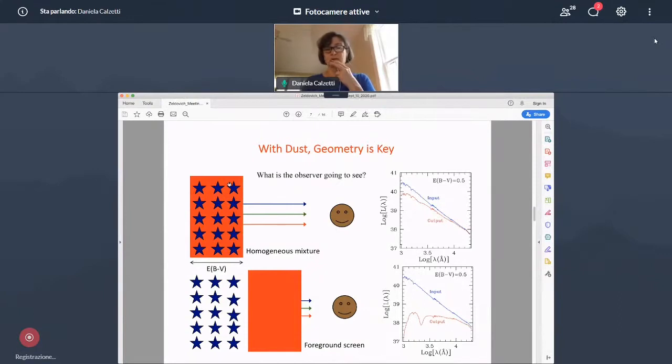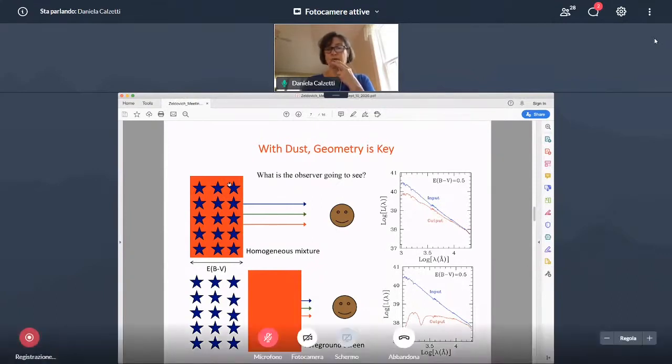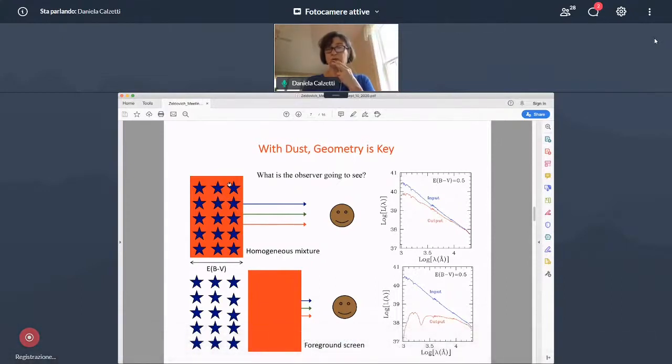On the right-hand side, you see in both cases the input population, so it's the luminosity as a function of wavelength from the UV to the near IR. I'm just showing from about 1,000 angstrom to about 20,000 angstroms, 2 microns. You can see that the input population is identical.